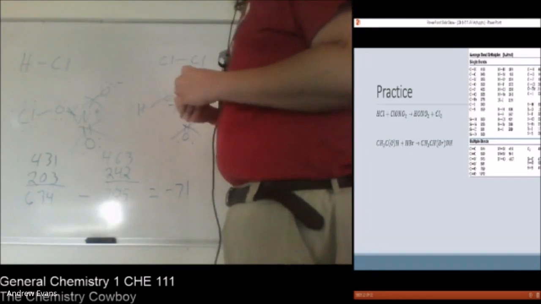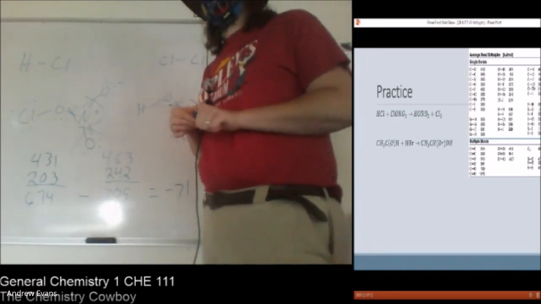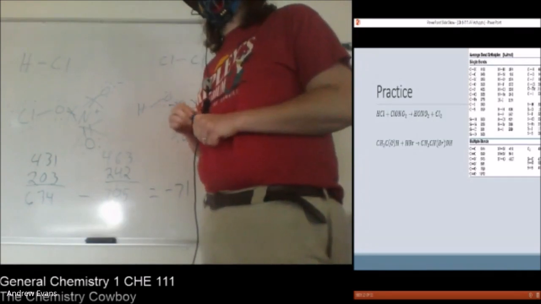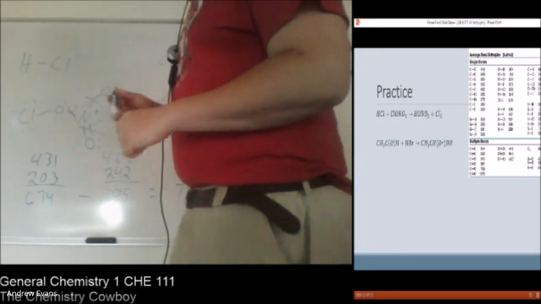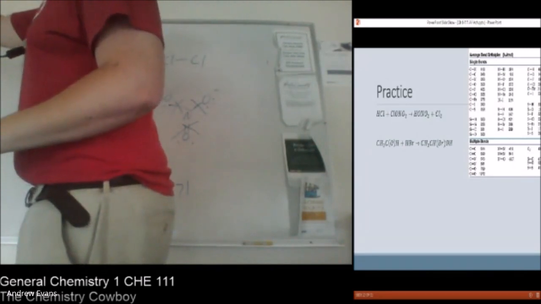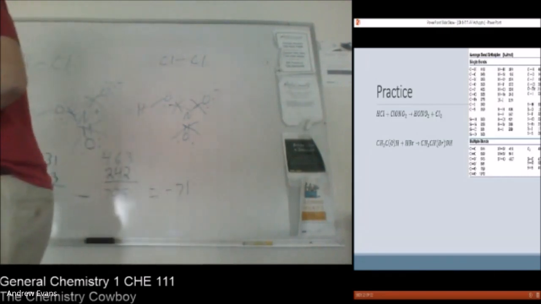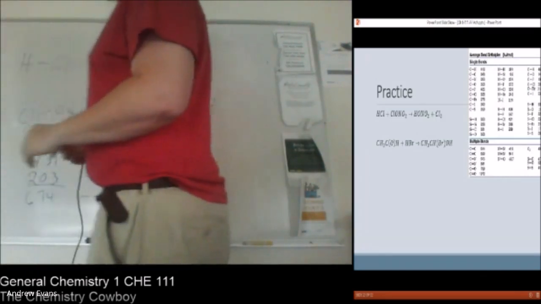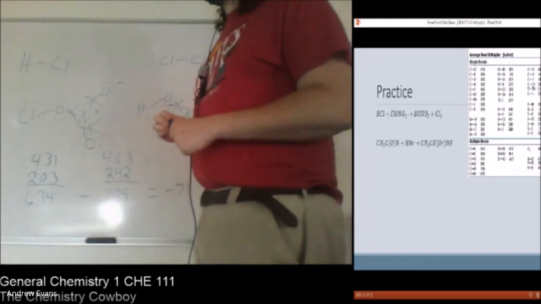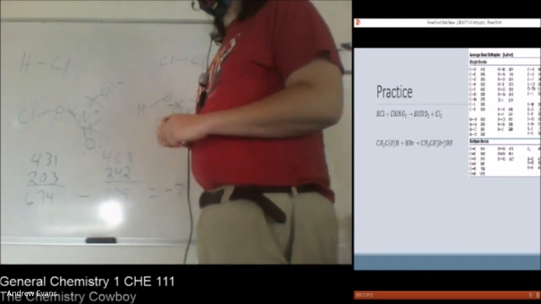This reaction would produce negative 71 kilojoules. 203 was OCl. Am I reading that wrong? Okay, 203 is OCl. On a test, you would be given a chart. This chart would always be available.